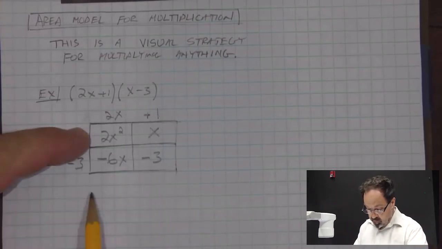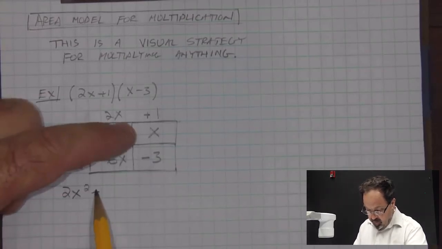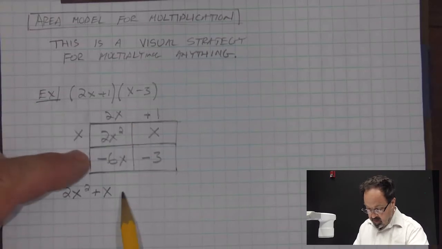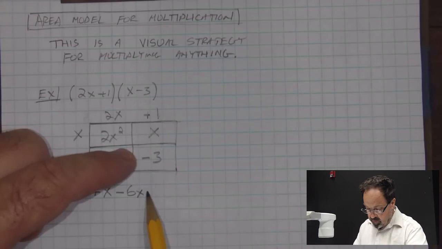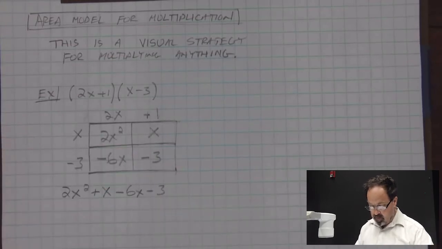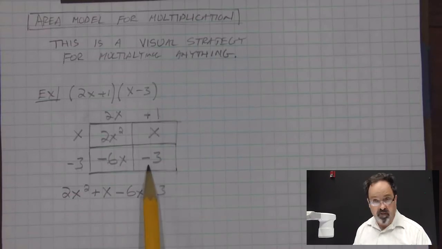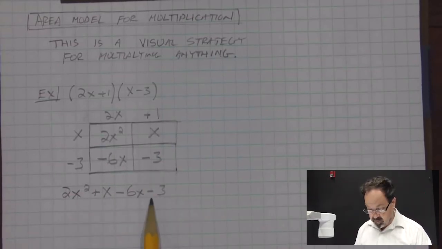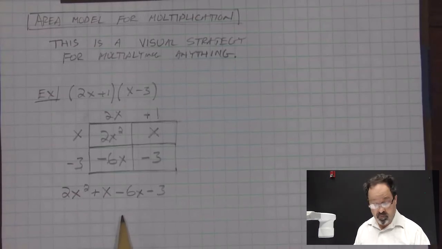Now I'm going to write those pieces on a line below, the 2x squared and the positive x and the negative 6x or minus 6x and the negative 3 or minus 3. So I've listed those pieces, I've collected the boxes, I have this expression, but I can take one last step. I can combine like terms.